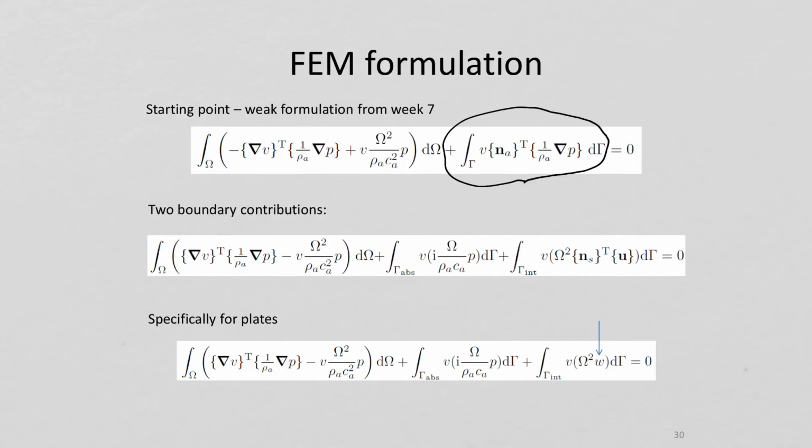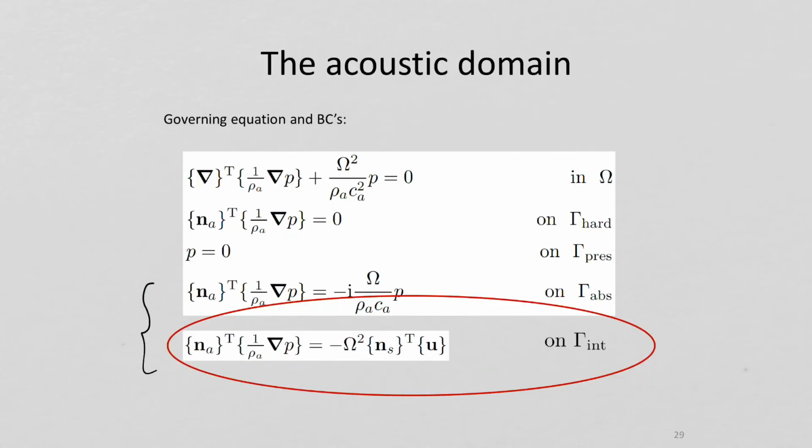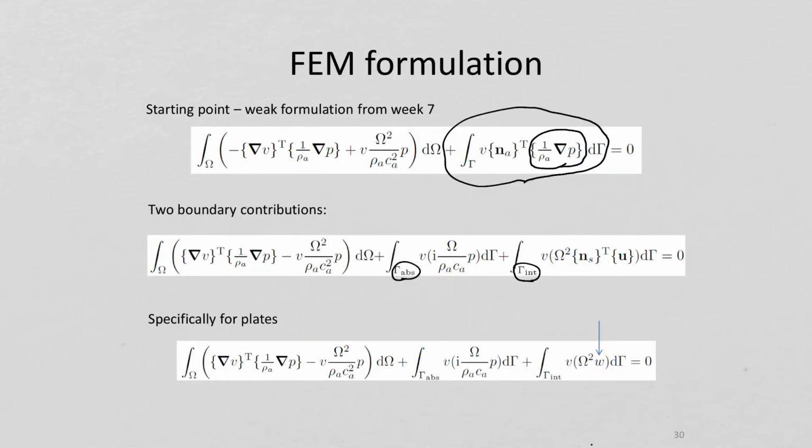But for the two boundary contributions that we will look at now, which is in the case of an absorbing boundary condition and in the case of a coupling boundary, then we can simply express the value that we have obtained for this pressure gradient vector term here that we have on the two right-hand sides here, right? So instead of this, we insert directly, for the absorbing boundary condition, this expression, and for the coupling boundary, we insert this expression that we have just derived.